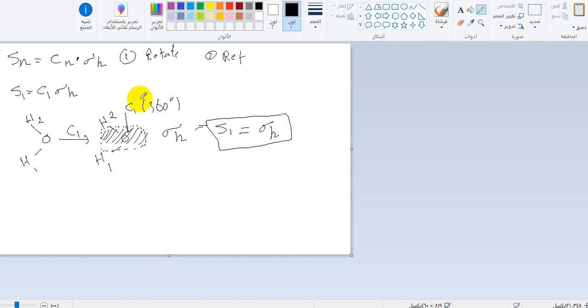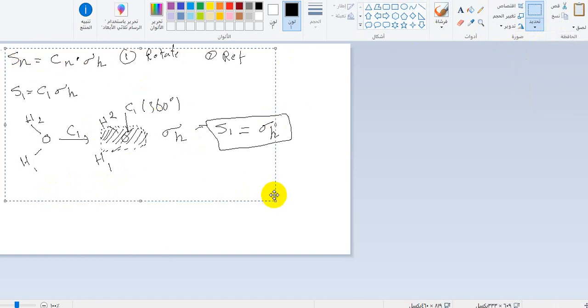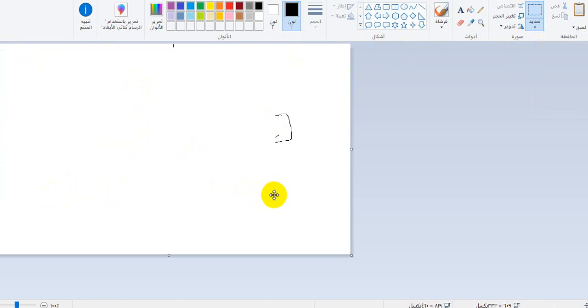Okay, we take another example for S2. S2 is equal to C2 sigma h.